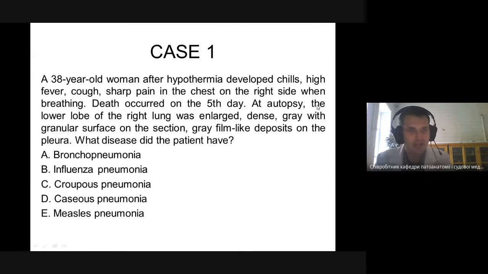At autopsy, the lower lobe of the right lung was enlarged, dense, gray, with a granular surface on the section, and gray film-like deposits on the pleura. What disease did the patient have? That's the lung full of liquid, full of exudate. The whole lobe was involved. We call that lobar pneumonia, or Kruppe's pneumonia.